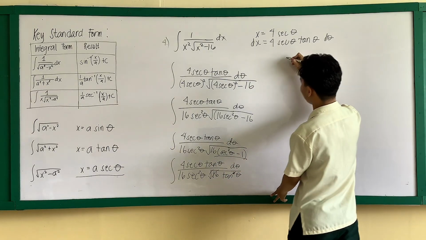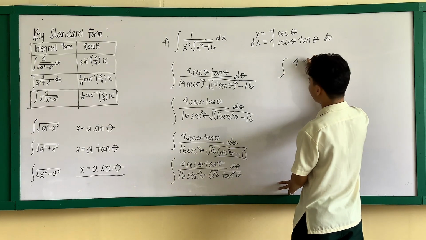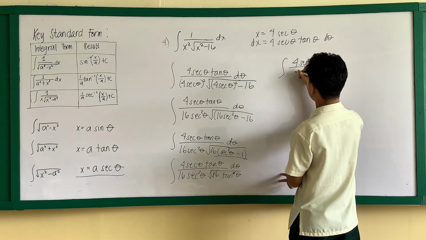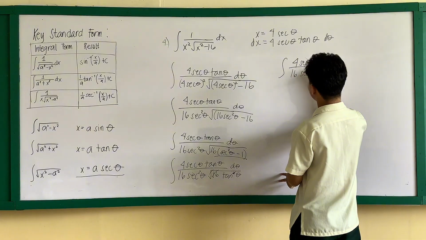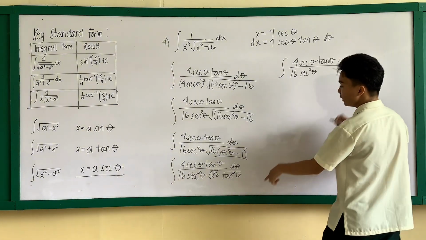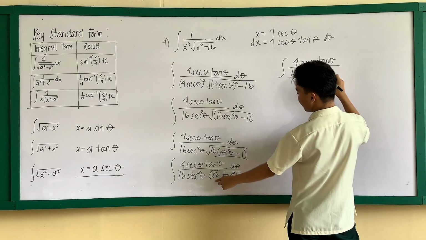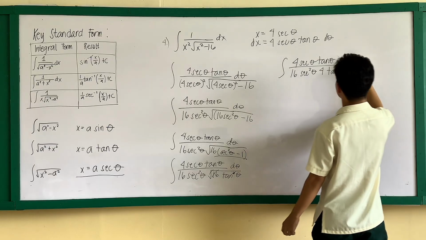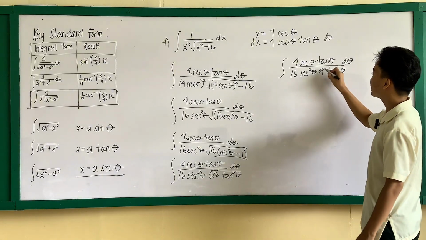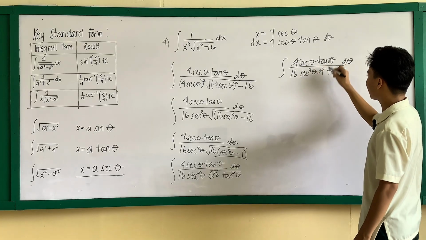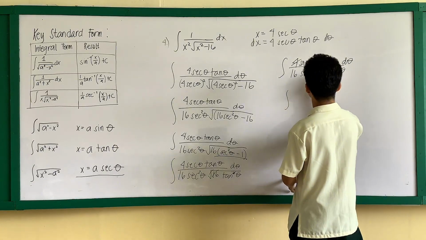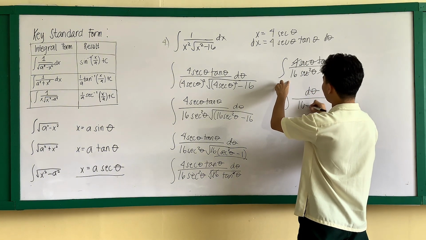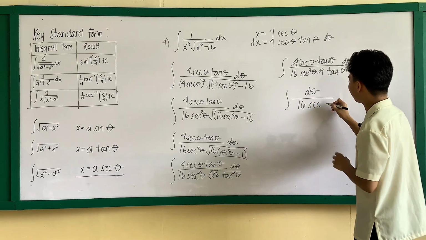So it's going to be, copy the numerator, 16 secant theta. The square root of 16 is 4, and then the square root of tan squared is tan theta. So next is we can cancel this out, this and this. So the remaining is only d theta over 16 secant theta.